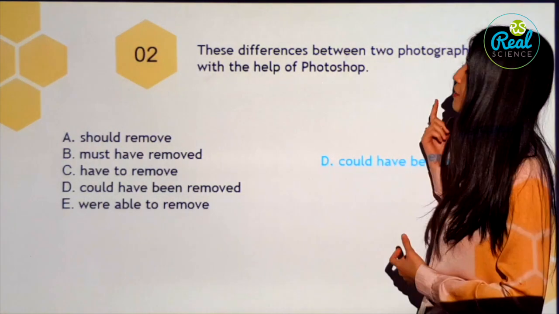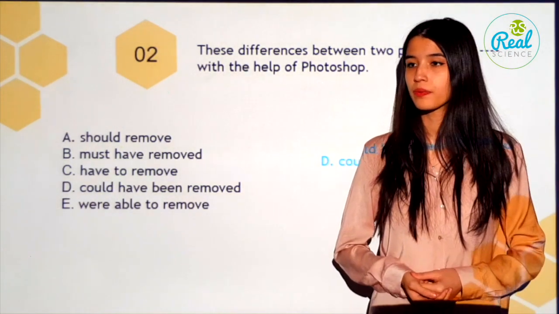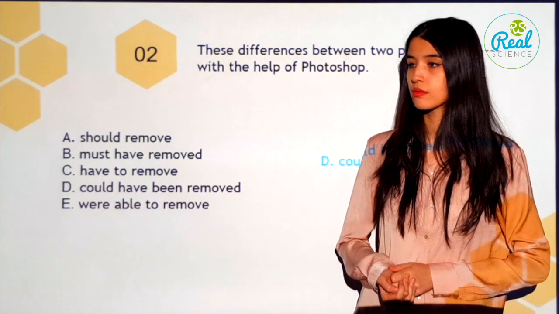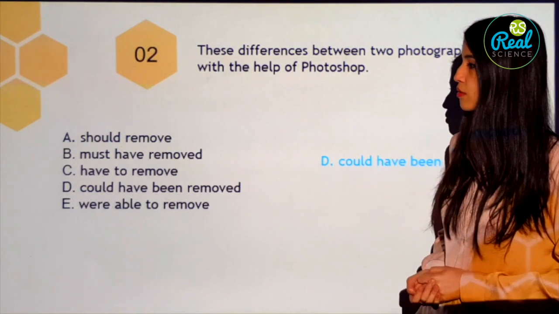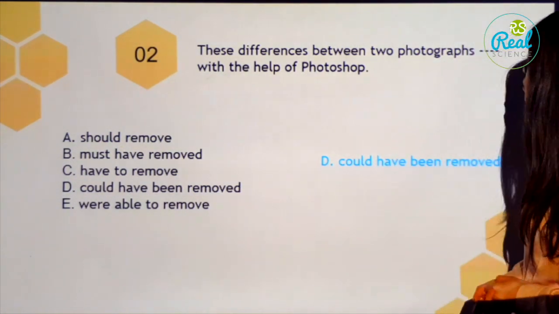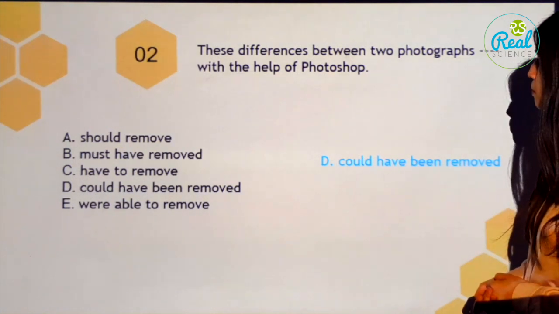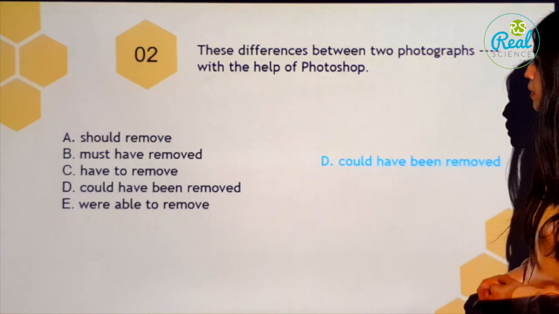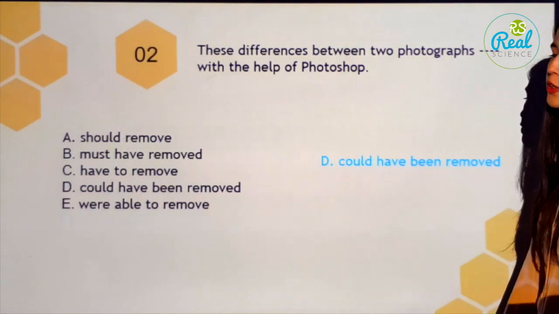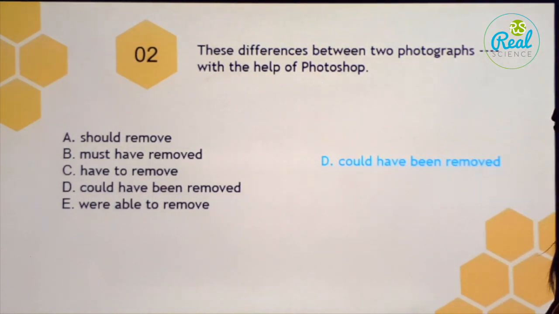So here, the answers A and B are incorrect because after "should" it must be "have been removed". Look, the differences between two photographs should remove with the help... "Should remove" is like you are giving advice, right? You use "should" when you're giving advice.